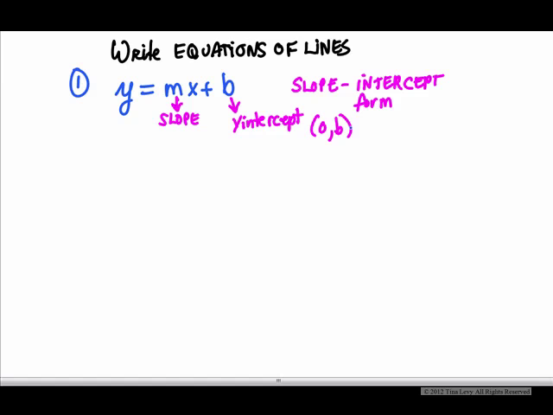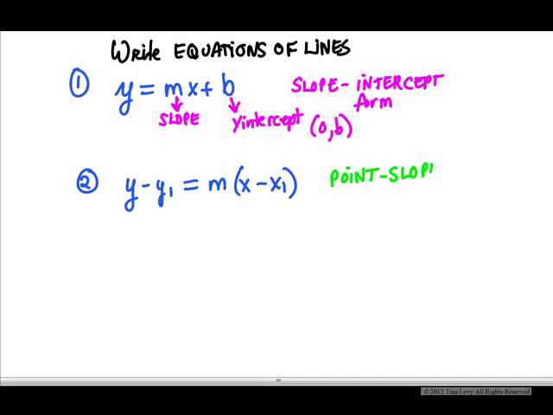Now there's a second form of a line that's very helpful in getting a lot of equations, and that's the one that I use a lot. It's y minus y1 is m slope times x minus x1. This is called the point-slope form.